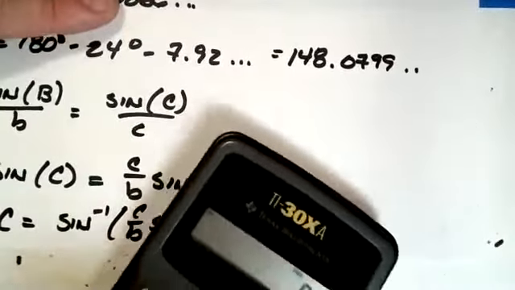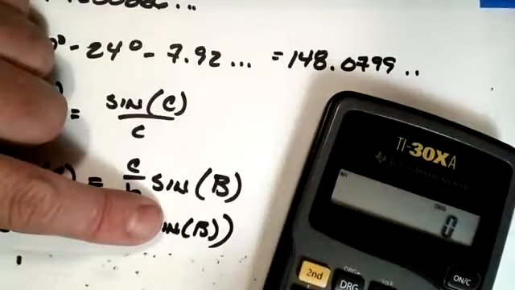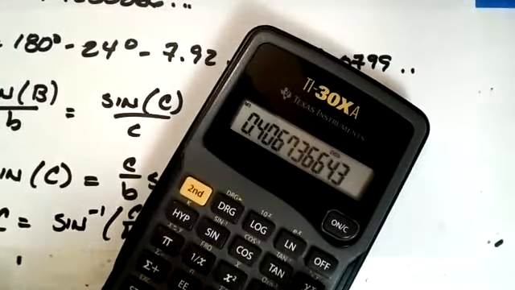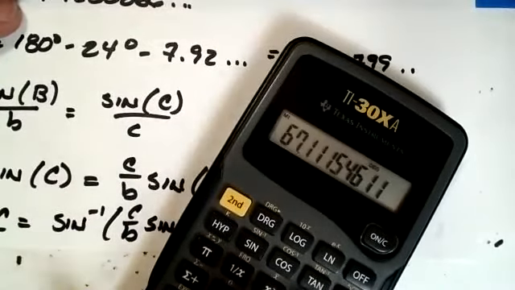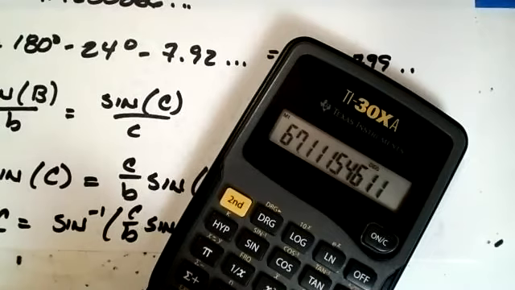Since I'm just doing this as scratch work, I've got C, which is... angle B is 24 degrees, so 24 times sine of 24 times C, which is 165, divided by B, which was... I actually have that. We'll type it in.